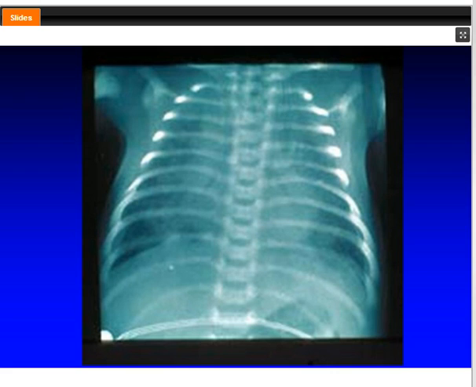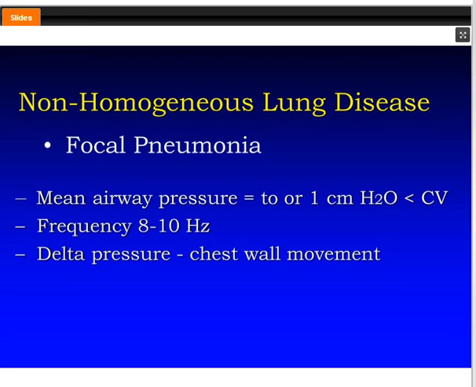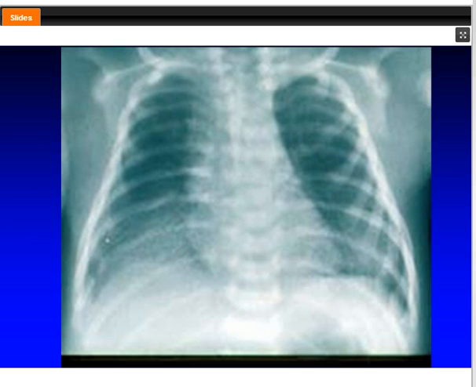Well, what about focal pneumonia? We do treat particularly babies with group B strep disease. Again, a mean airway pressure that's equal to or maybe even a little less than the conventional ventilator. Again, a lower frequency because this baby has a predilection to air trap. And here you have a baby who has bilateral lower lobe lung disease.